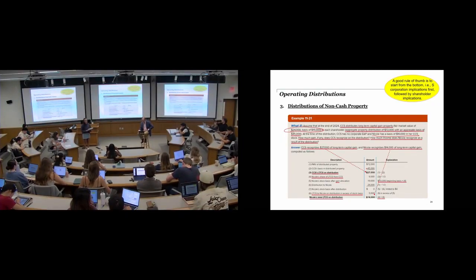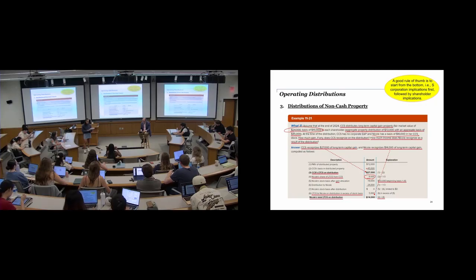And then Nicole's long-term capital gain is the sum of her proportional share of CCS's long-term capital gain plus the amount that the distribution exceeds her basis in CCS. So for that first portion, her share of CCS's gain is a third of the 27K, which is 9K. Then steps 5 through 8 here show how to calculate the additional gain she has to recognize because the distribution is in excess of her basis.